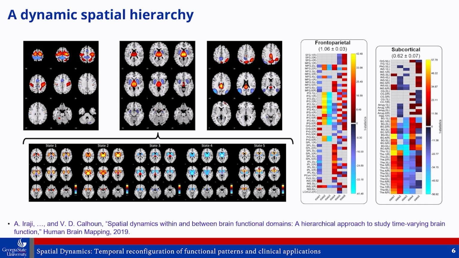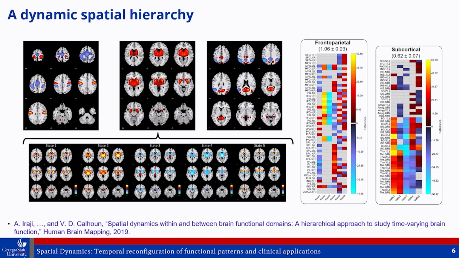On the positive side, by imposing this constraint on the extent of spatial variation, we can capture the spatial dynamics even when the temporal segment does not have sufficient information to fully quantify spatial variation. And after getting this spatial variation, we can, for example, do a clustering and find the most recurring states. On the right side, I'm showing you two examples of variation in regional contribution across different states for the frontal parietal and subcortical networks.